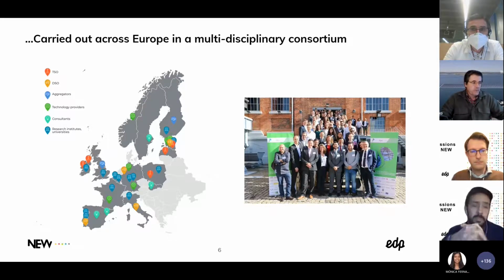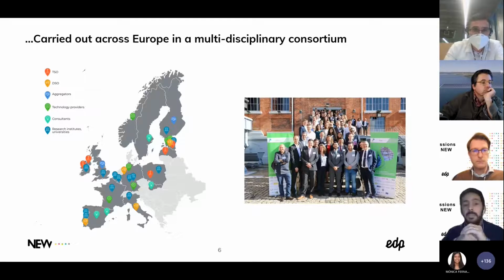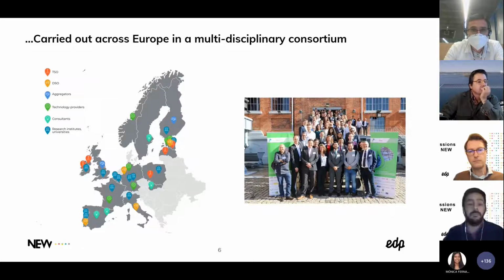We also have DSOs, distribution system operators, aggregators, technology providers, consultants, also universities. The picture you see on the right is from back in 2018 when we held our second General Assembly here in Lisbon. One of the last physical meetings we all had.